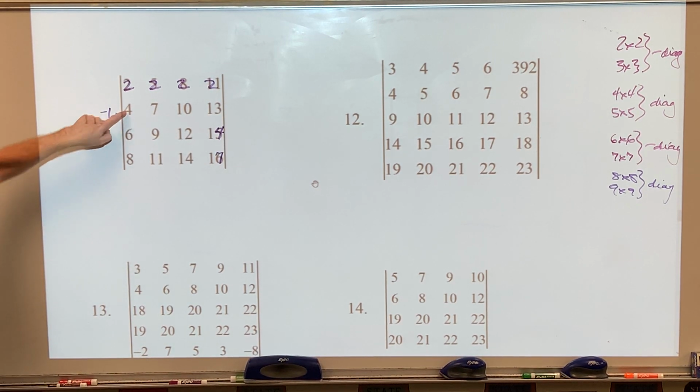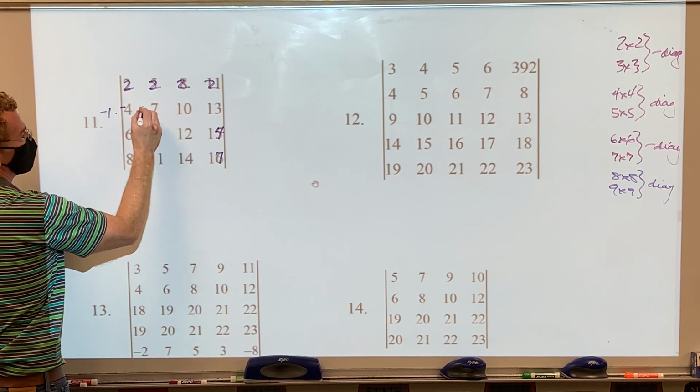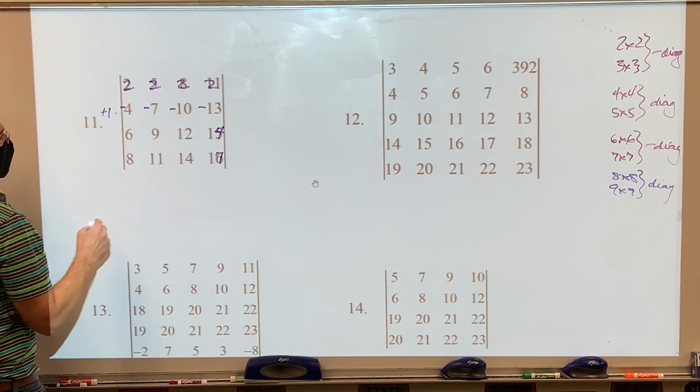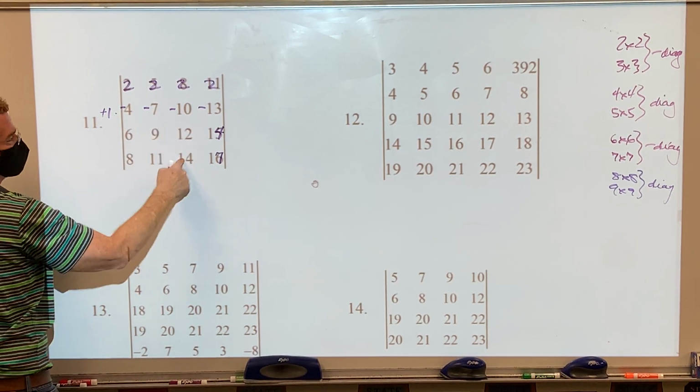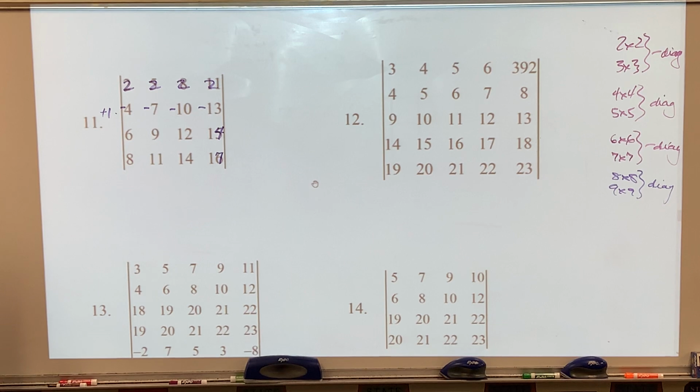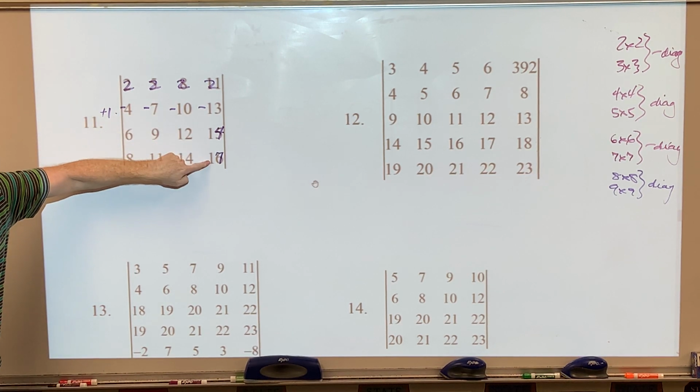Now what about this? What if I took a negative out of this row and then added these together? What do I get? 4, 4, 4, 4 this time, right? Y'all with me? What's that and that? 4, 4, 4, 4.